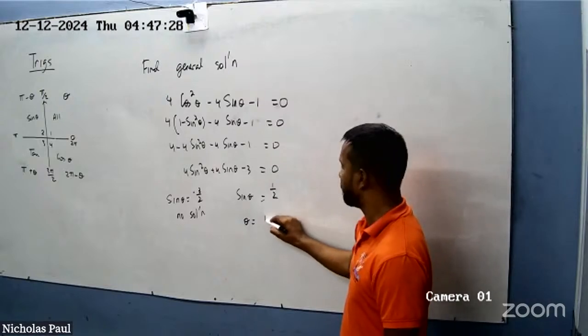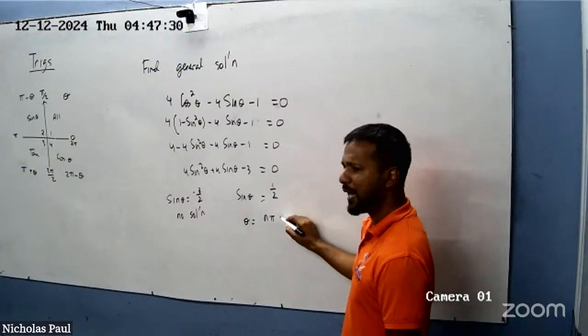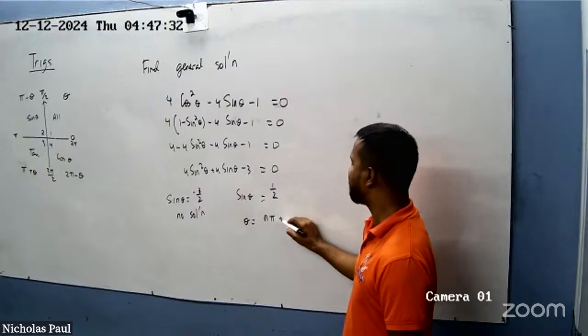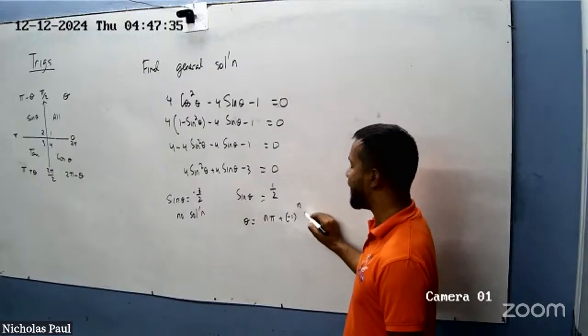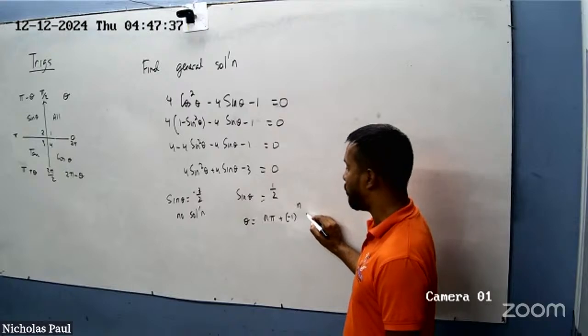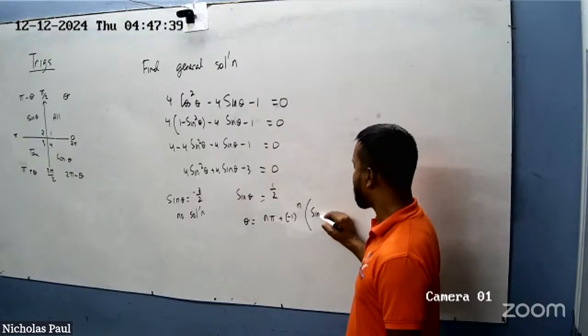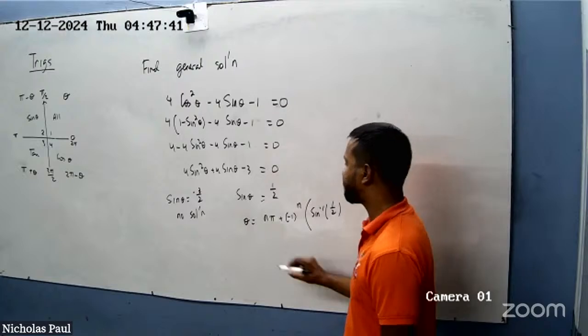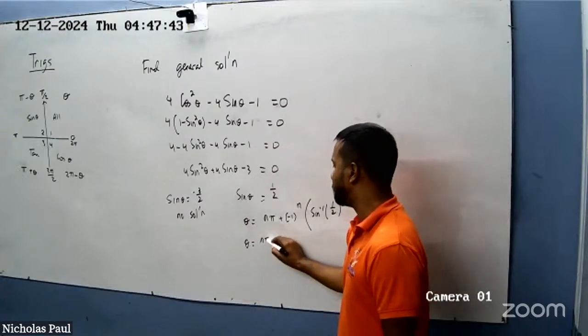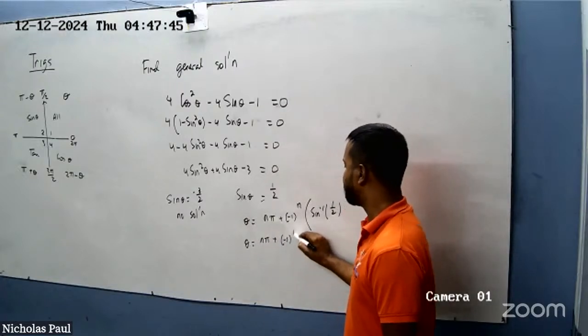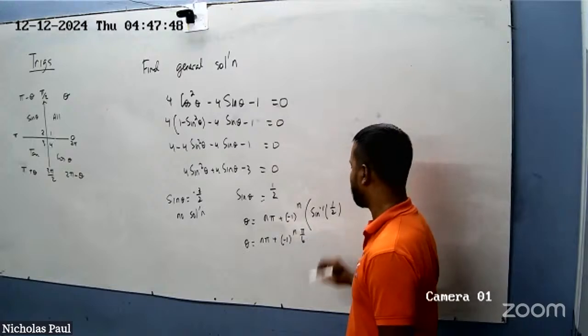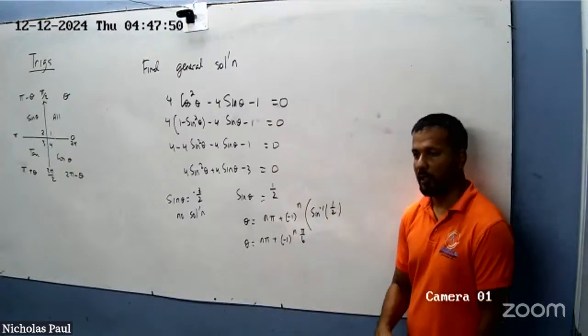It's n pi plus or minus, (-1) to the power n times alpha. What's alpha? Sine inverse.